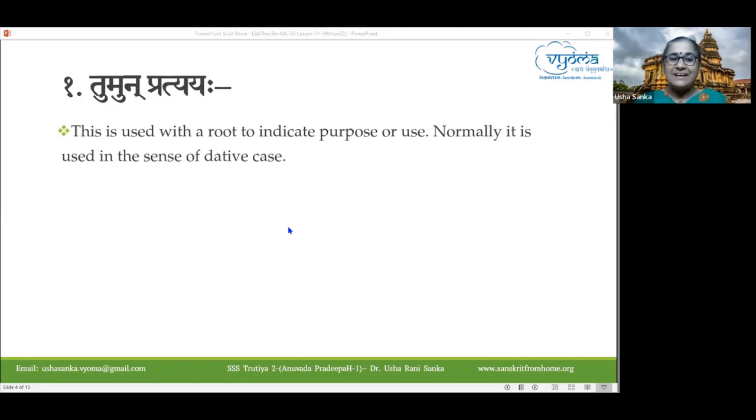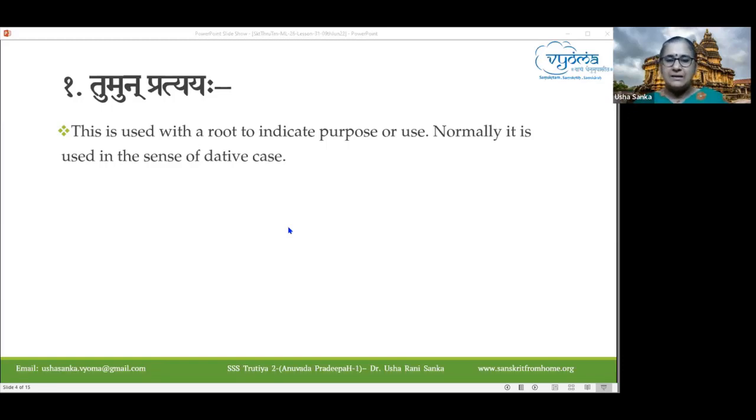Like it's used in the sense of dative, and you can actually use the dative directly. How is it possible? So khadanaya gacchami, khaditum gacchami. Khadanam is like bhakshanaya gacchami. I'm going to eat. So the 'to eat' is bhakshanaya, it's dative.